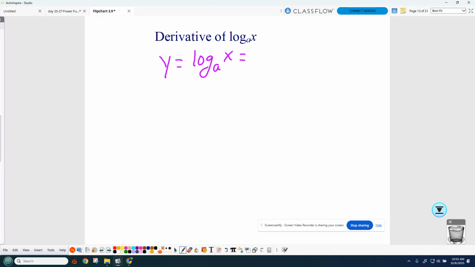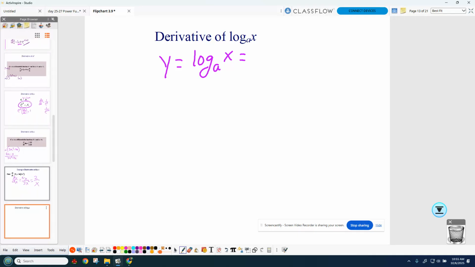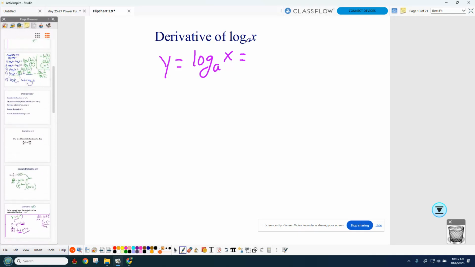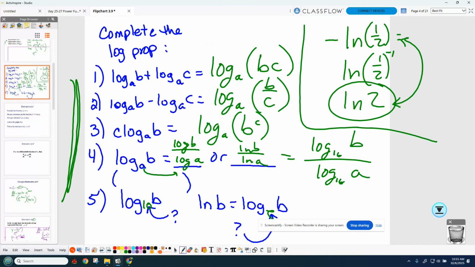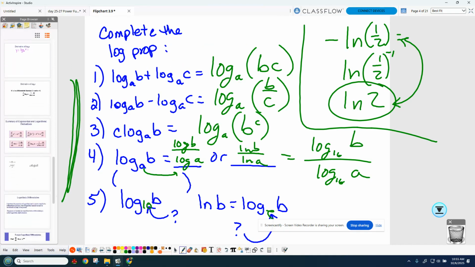But change the base, change this to natural log. And then, how do I change it to natural log? I gotta do that change of base thing that we talked about. Log of x over log of a.